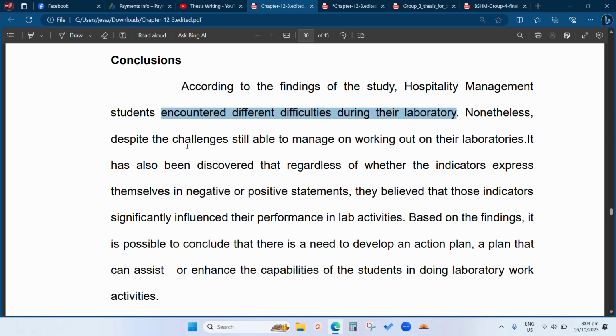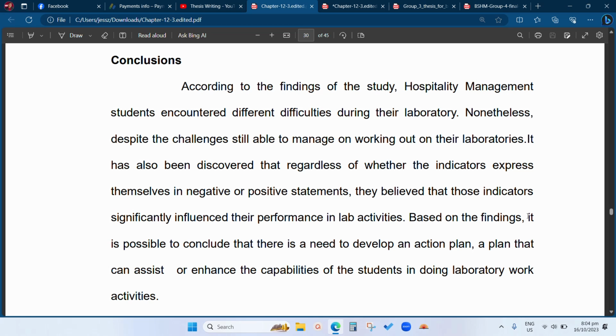Nonetheless, despite the challenges, they are still able to manage working on their laboratories. It has also been discovered that regardless of whether the indicators are expressed in negative or positive statements, they believe that those indicators significantly influence their performance in laboratory activities.